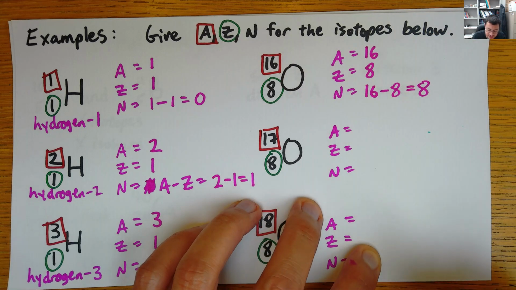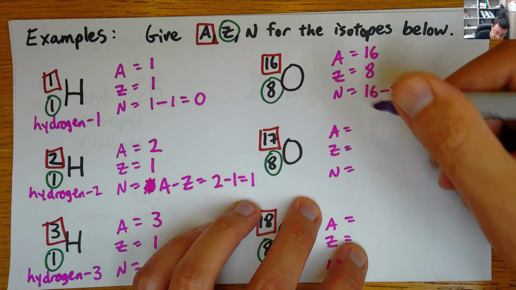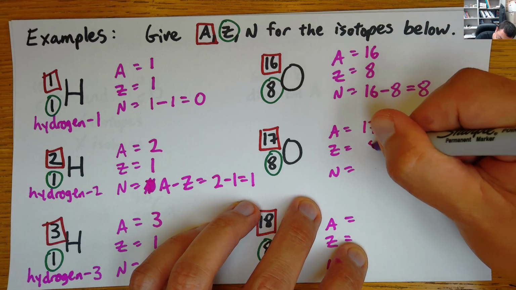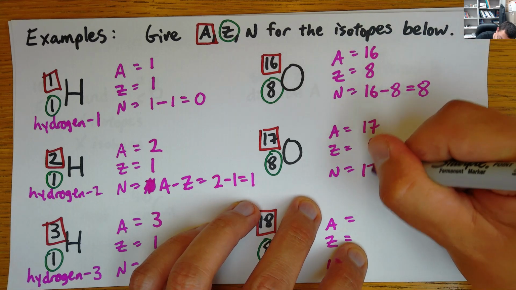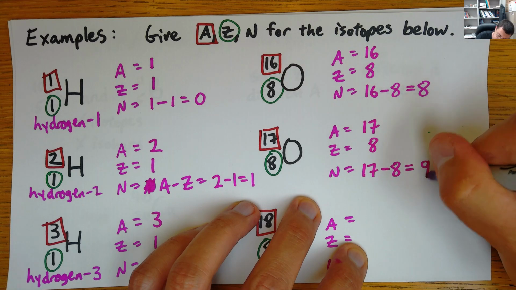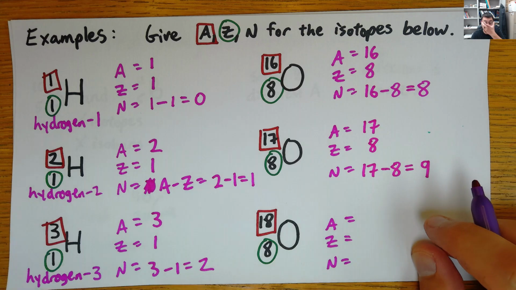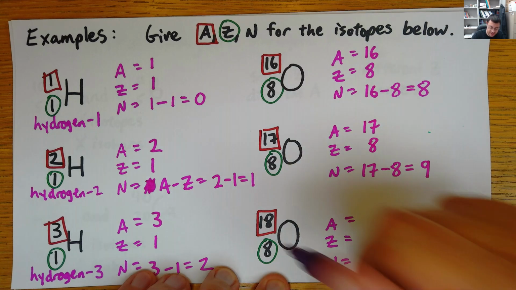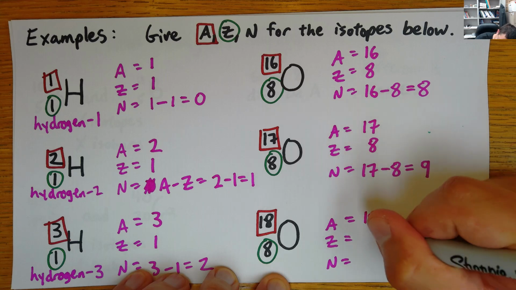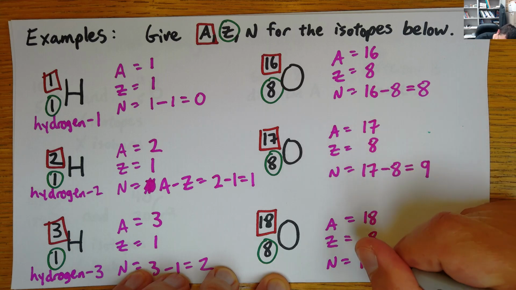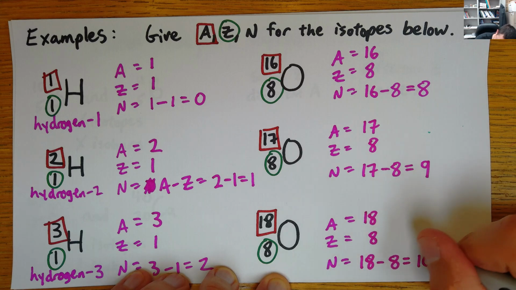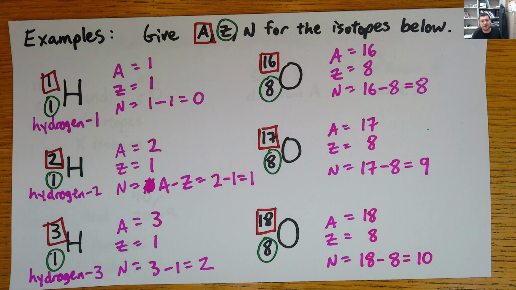So that's oxygen 16. Here we have oxygen 17. All right. And then lastly, oxygen 18. All right, there we go.